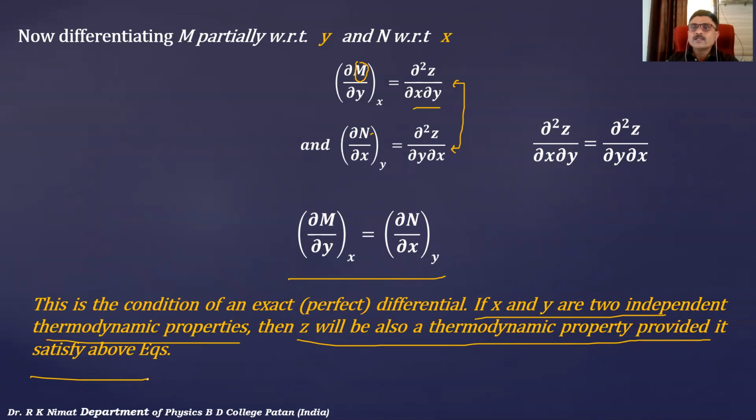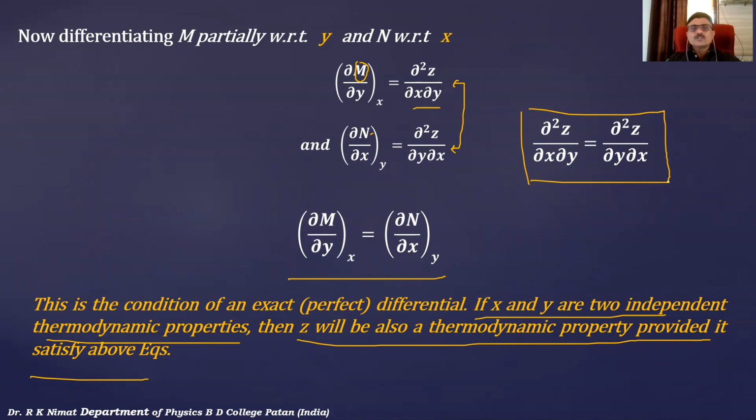That means if you have a differential equation of the form dz is equal to M dx plus N dy, and if it satisfies the condition ∂M/∂y at constant x is equal to ∂N/∂x at constant y, then the differential equation is called an exact or perfect differential equation.